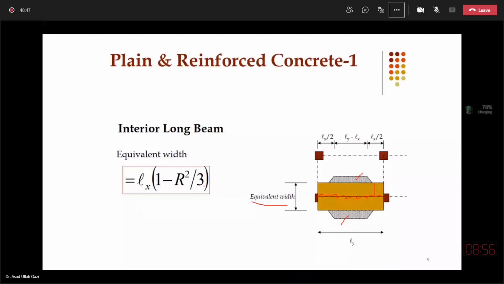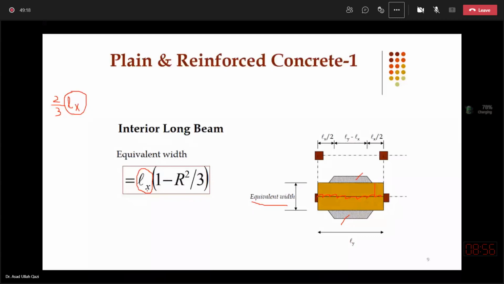It is important to note that whether it was the short span beam or the long span beam, in the calculation of equivalent width, Lx is appearing in both equations. Some students commit this mistake: while applying it for the long span beam, they get confused and use Ly over here.